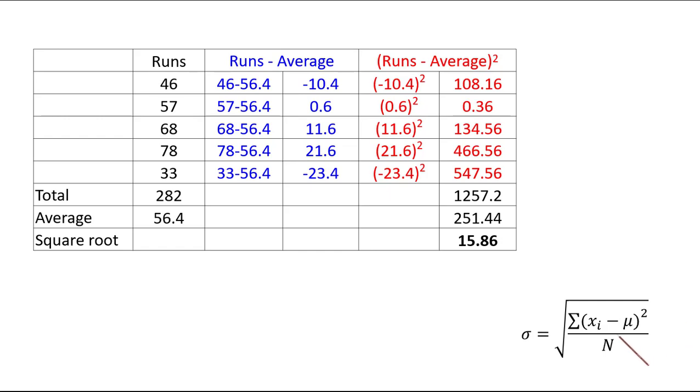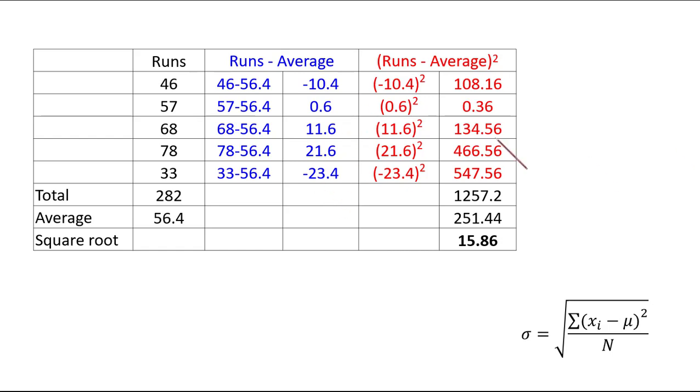So first of all, we are going to take these individual numbers and subtract them from the average. Remember, this mu is the average, 56.4. So 46 minus 56.4, which I've written over here, and whose answer is minus 10.4. And then 57 minus the average 56.4 is 0.6, and so on.